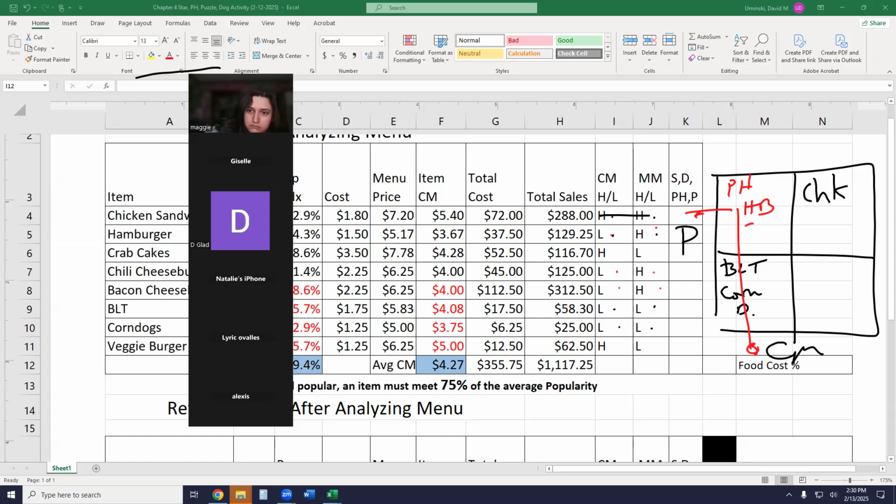That's my chili cheeseburger and my bacon cheeseburger. And then the last category is high contribution margin, low popularity. That's our puzzle. So that's going to be our crab cakes and veggie burger.